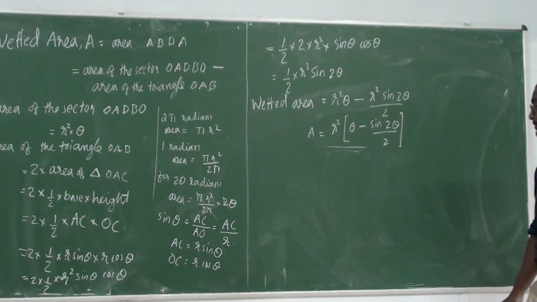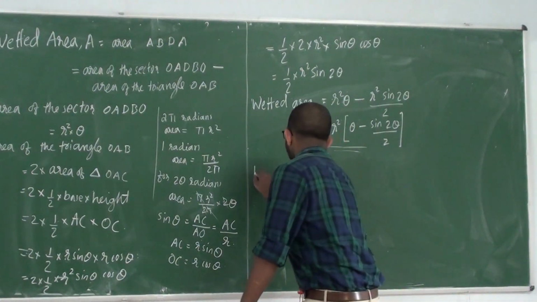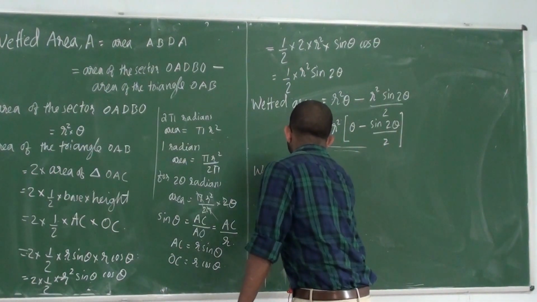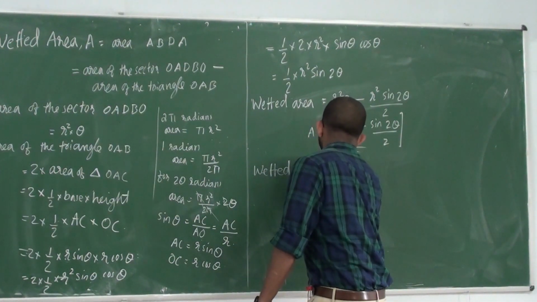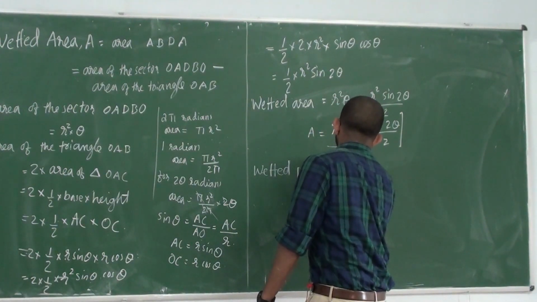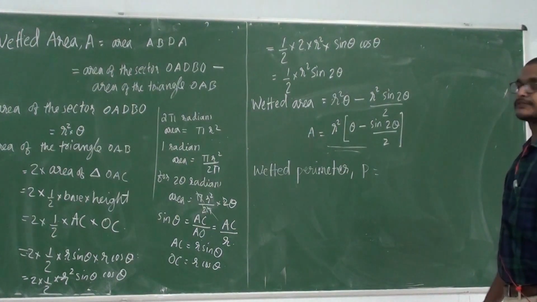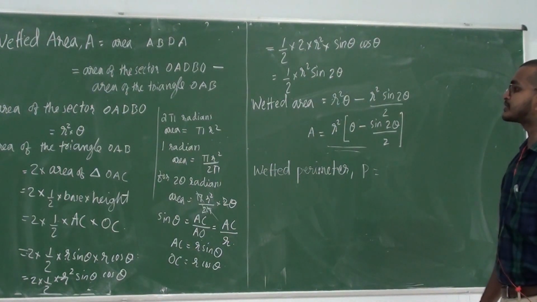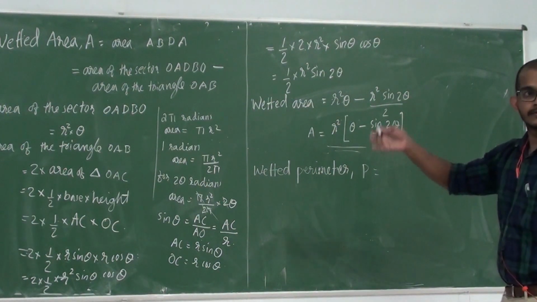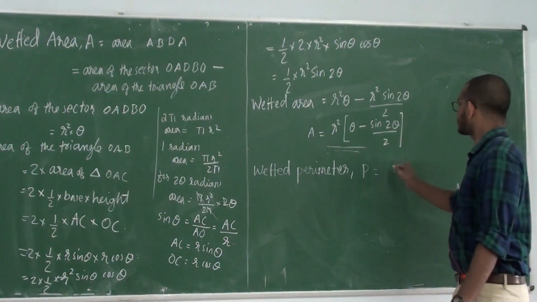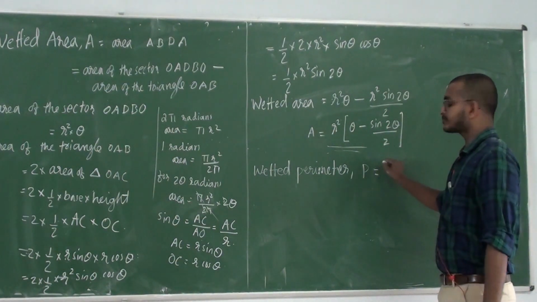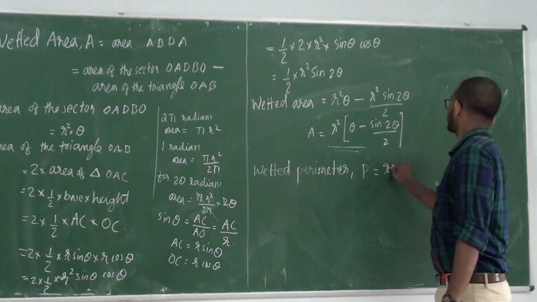Now vectored perimeter P. What is vectored perimeter P? If the angle subtended at the center is 2 theta, so the length of the curve is radius into the angle, so r into 2 theta.